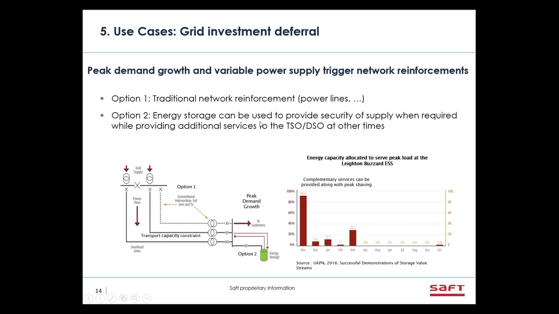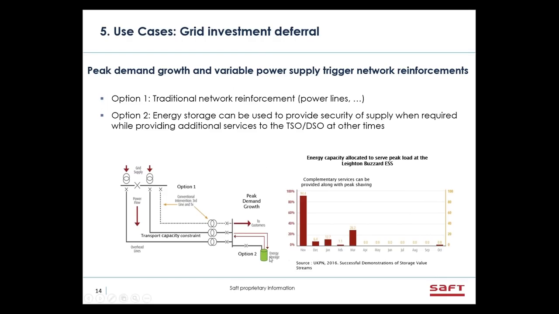A more future-looking thing are applications to defer grid investments, basically to cope with peak power problems, and as an alternative to install additional power lines or power equipment in the system.